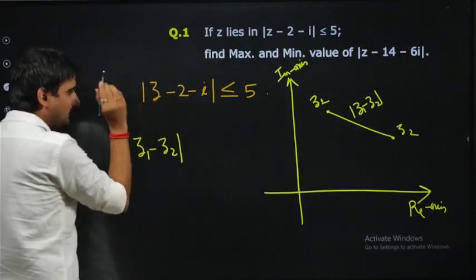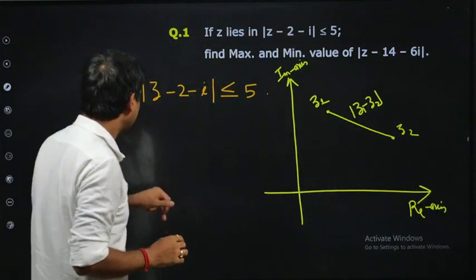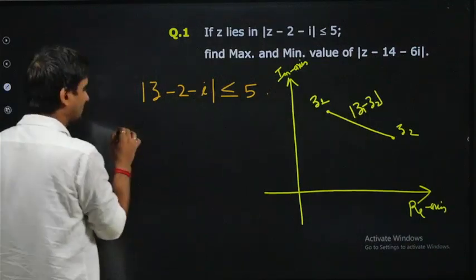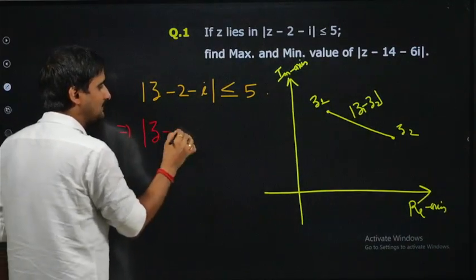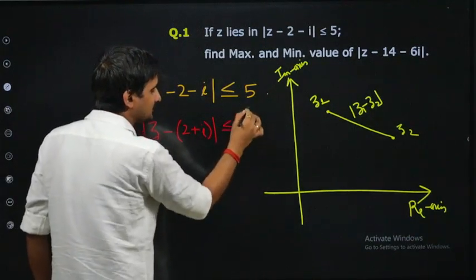So the first point is whatever we have written here: mod of z minus. Can we convert it to the mod of z1 minus z2 form? For that I will write it as mod of z minus (2 plus iota) is less than or equal to 5.